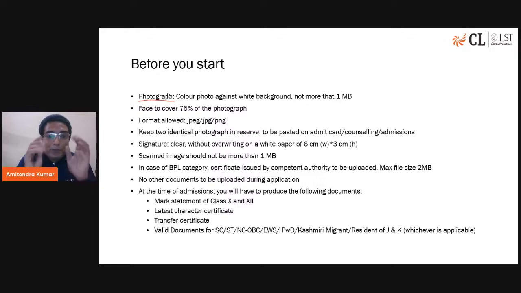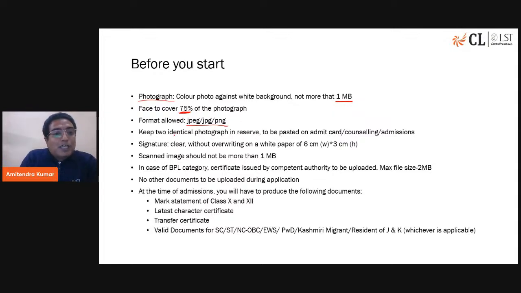Please be specific. Understand this carefully. Color photograph against a white background, and your face should cover 75% of the photograph. And the size of the scan copy should not be greater than 1 MB. It should be equal to or less than 1 MB. The three formats allowed are mentioned on the website as well: JPEG, JPG, and PNG.